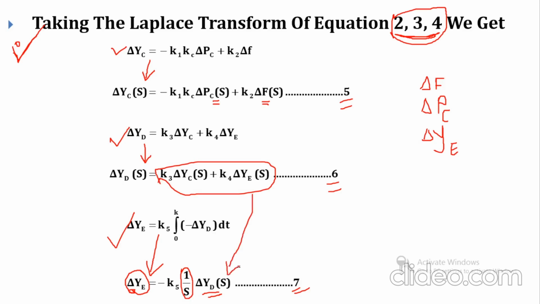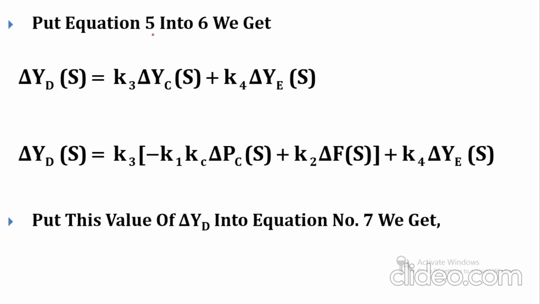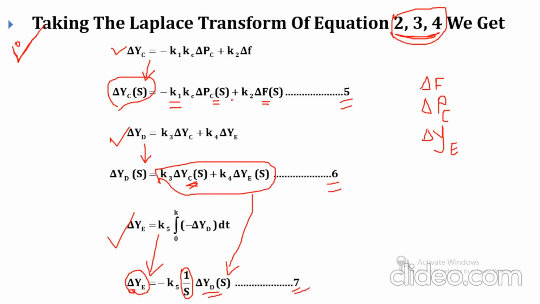Clear? But it has delta yc. So I have to replace this delta yc with this equation. Clear? So our first step is to put the value of delta yc over here. So in equation number 6 we will replace delta yc. So put equation number 5 into 6. That means we have to put this equation into equation number 6.